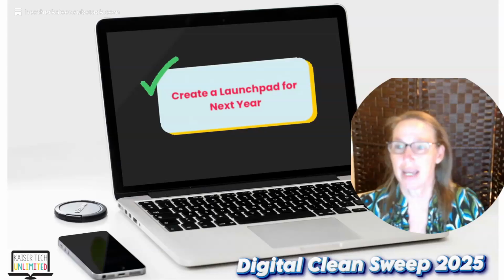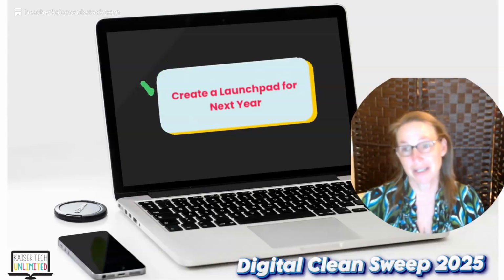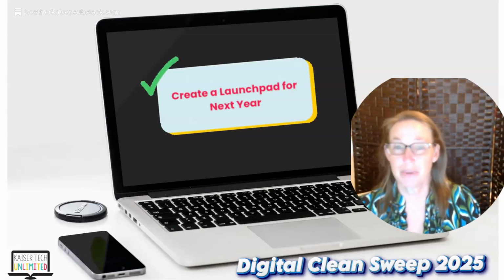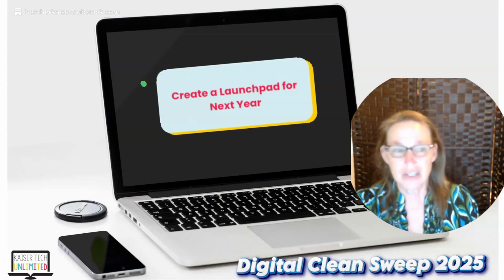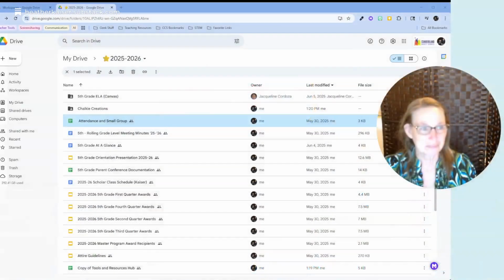In my demo today, I'm walking you through how I've organized my folder, and I've already shared it with my grade level teammate, so we're on the same page for next year. Here's what's inside.